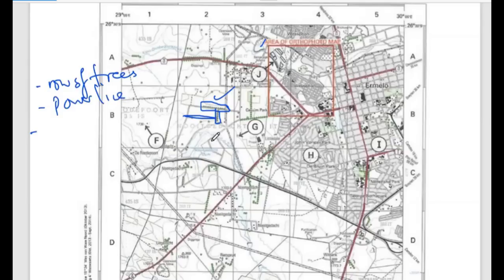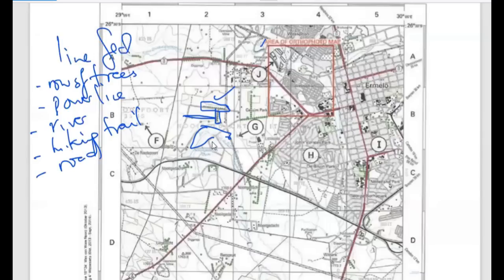Those are our line features as portrayed on the map. Also, there's a river here, the hiking trail, and there's the possibility of a road. So all these are line features. They are presented in line format on the map.